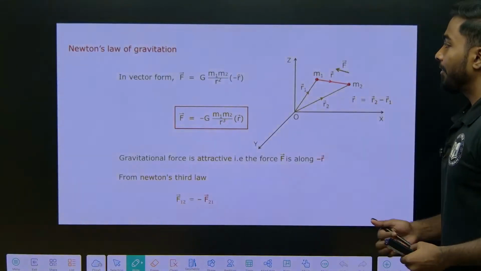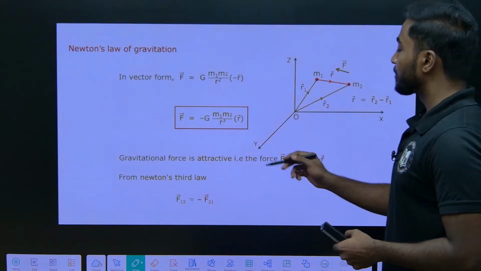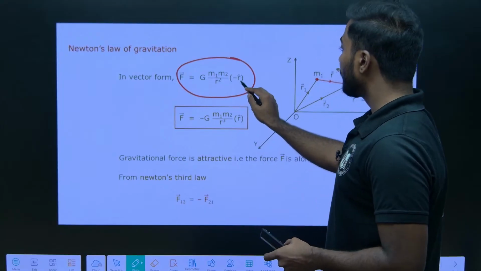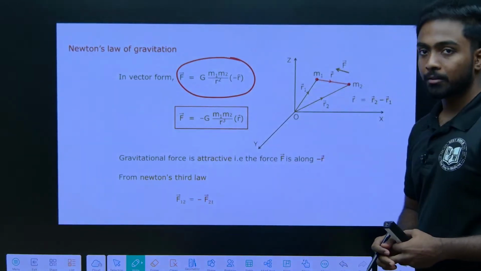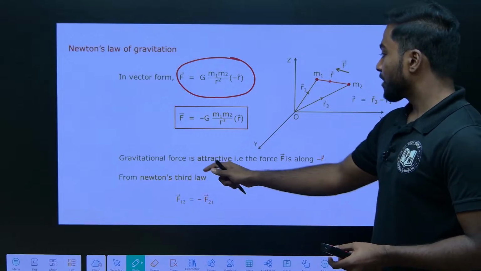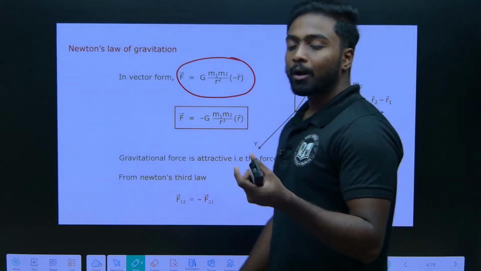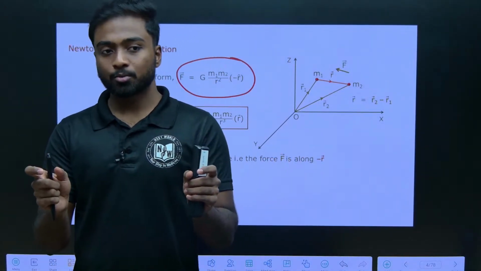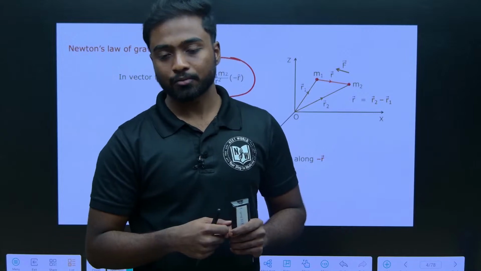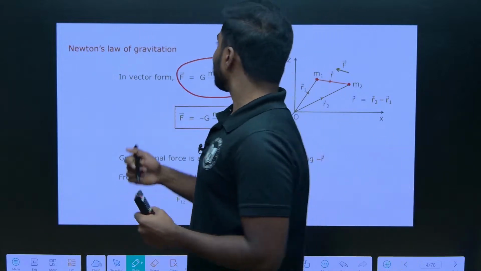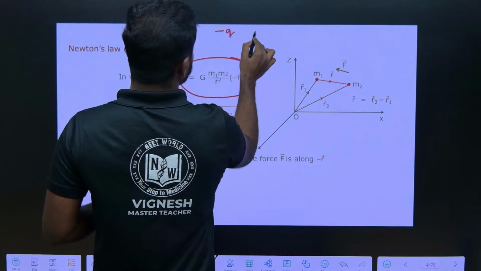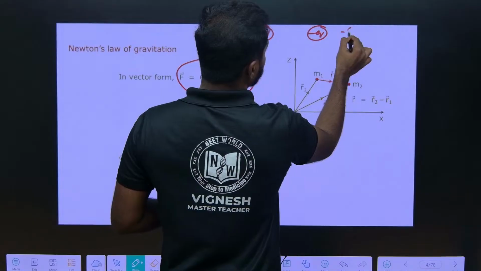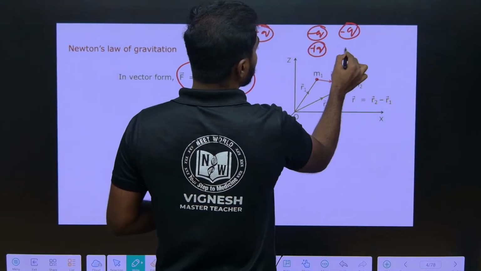Newton's gravitation law in vector form is represented as F equals G m1 m2 by r square into r cap. Here, gravitational force is an attractive force. When I talk about charges, positive and negative charges, which we will discuss in class 12th chapters, plus q and minus q will attract, while minus q and minus q, or plus q and plus q, will repel.